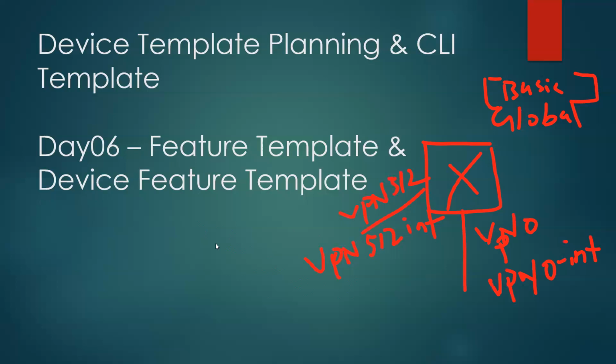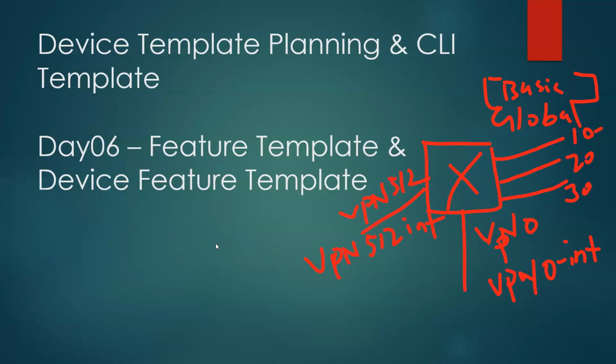But apart from that, we know that we have service side VPNs as well. Suppose one VPN is for guest, one VPN is for employee, one VPN is for contractor, etc. So suppose we have VPN 10, 20, 30; you have to do the configuration for VPN 10, 20, 30 as well.